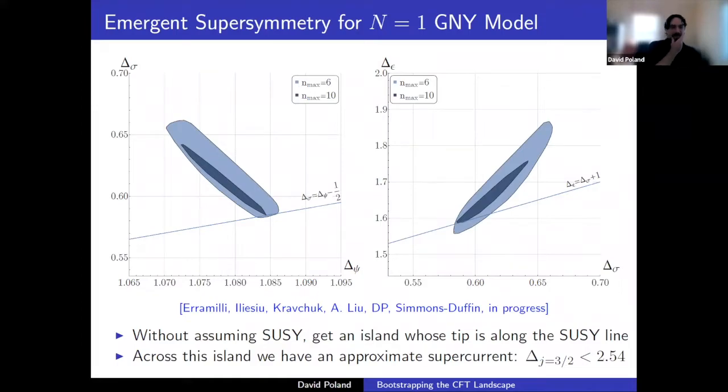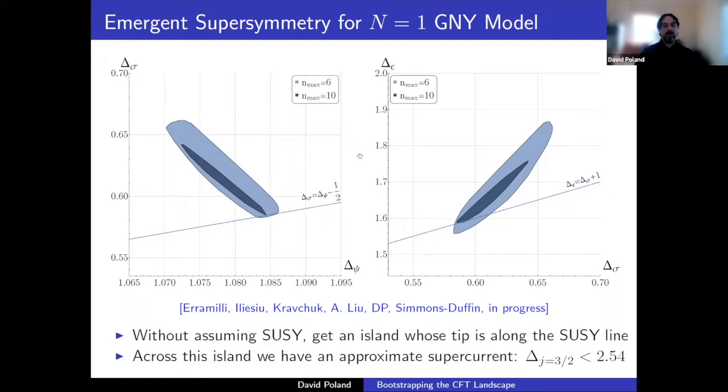Another thing we did, which is a fun application, is to ask to what extent supersymmetry is emergent in this solution to the Bootstrap. Scanning across this island, we can place an upper bound on the scaling dimension of the leading spin 3 halves operator. This is the operator that would become a supercurrent in a supersymmetric theory, and it would have scaling dimension 2.5.